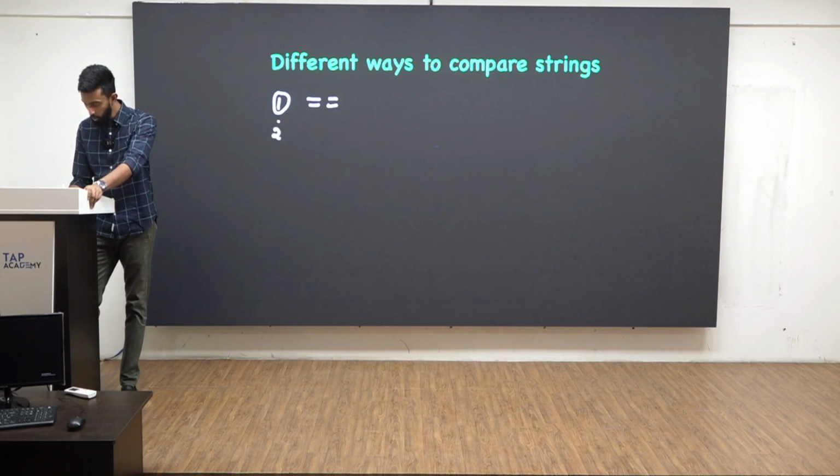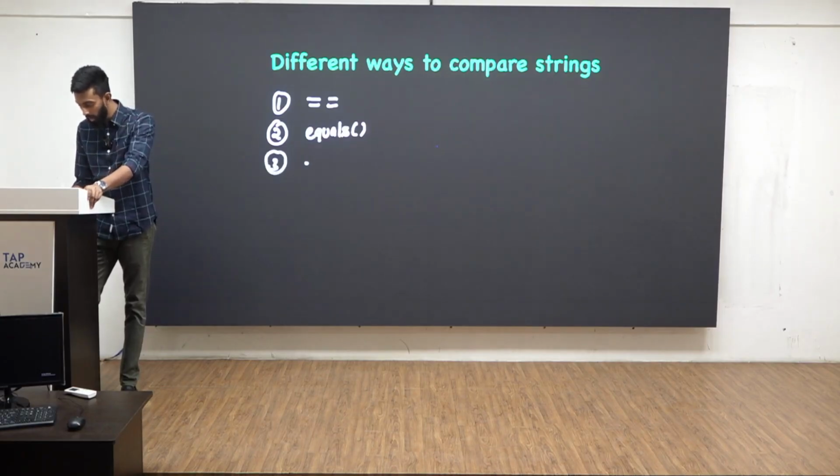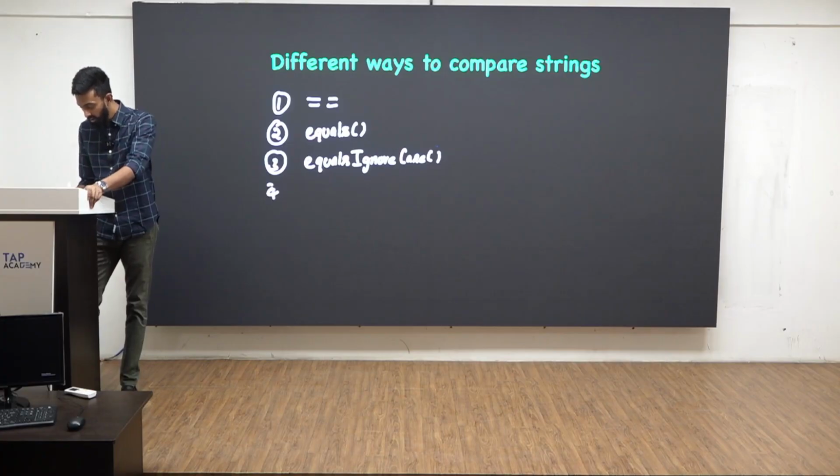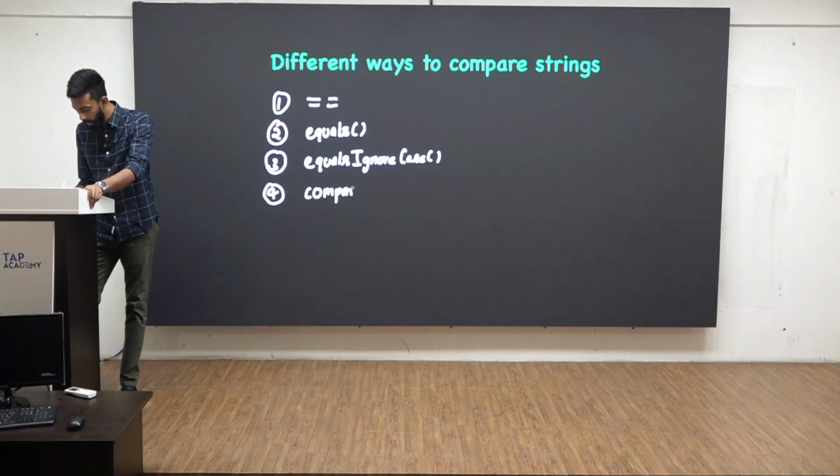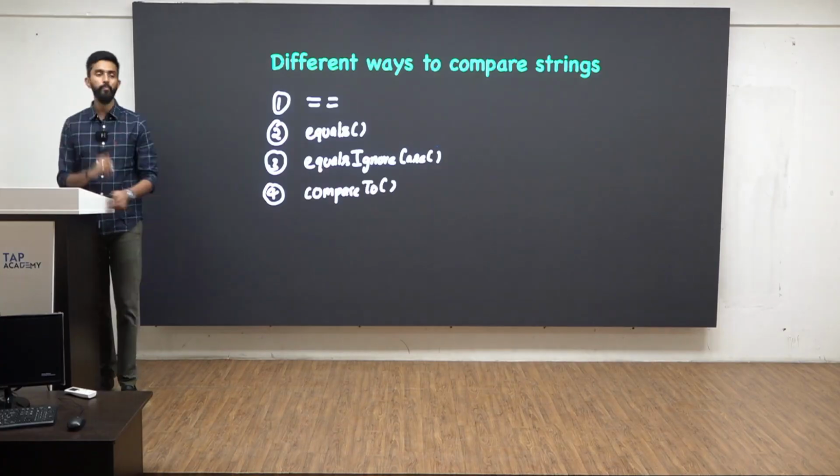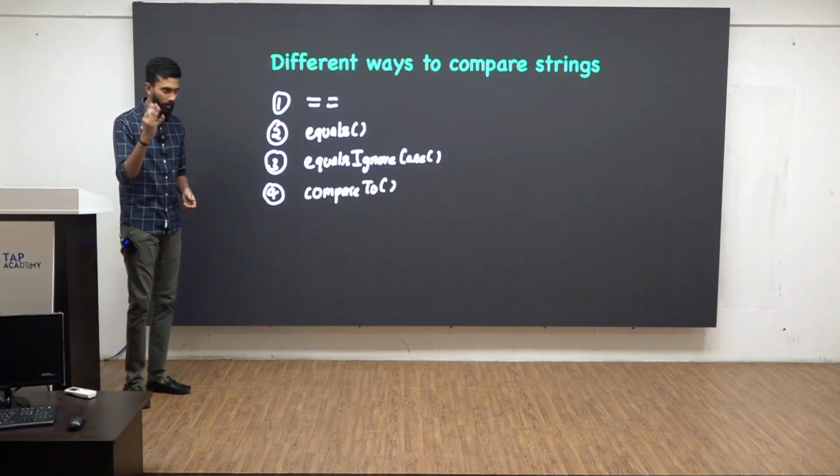Second way is you can use a method called equals. Third way is a method called equalsIgnoreCase. Last one is one more method called compareTo. Totally how many ways? 4 ways.